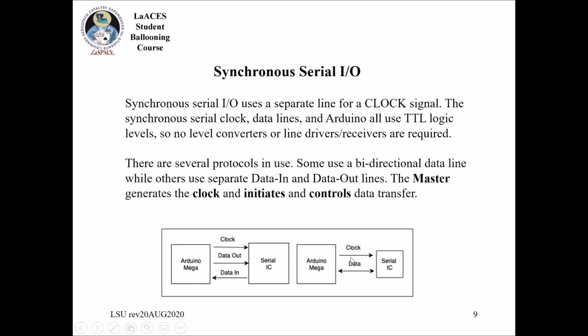Some of these devices might have both interfaces, but sometimes you'll see one versus the other. It's important to understand what those differences are. One can be faster because there's no software overhead, whereas I2C is a little bit slower, but I'm going to show you some of the advantages you can get because you don't have those extra hardware lines.